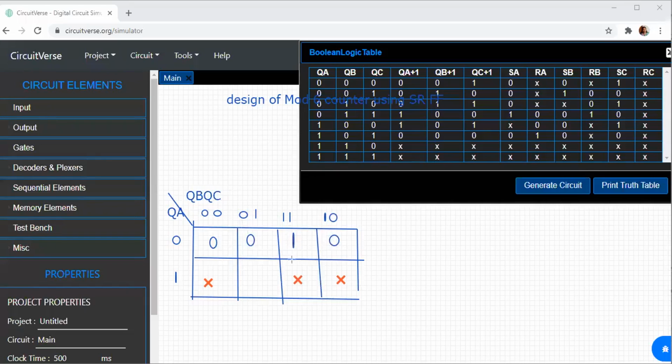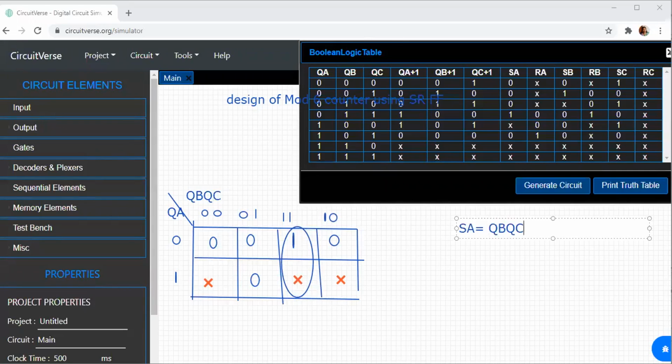And the other one will be a 0. Now this is how it is written. Now if you simplify the K-map, what happens? This is getting simplified. So this will be the simplified term. So what will SA be equal to? SA will be equal to QB into QC.